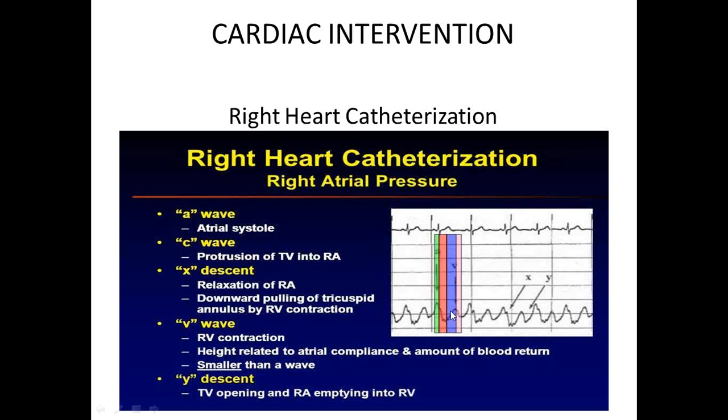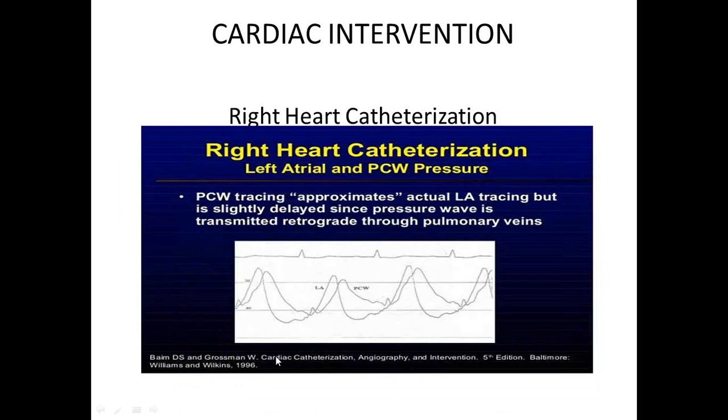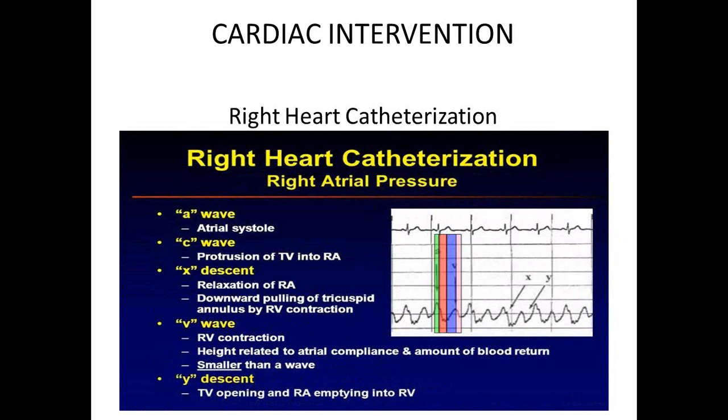So when the RV contracts in systole, remember the tricuspid valve is closed, so that's going to be reflected as an increased pressure in the right atrium. Then at the end of systole, the tricuspid valve opens and the blood flows from the right atrium into the right ventricle, and you get the so-called Y descent because the pressure falls.